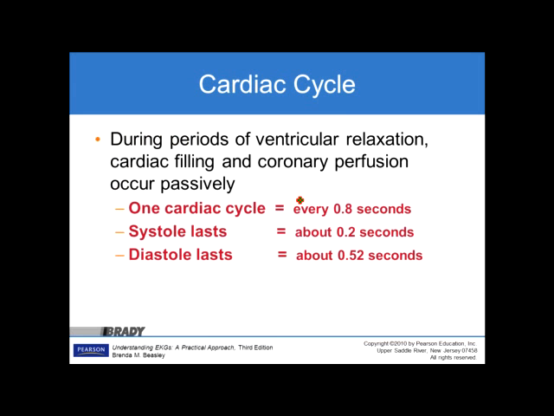One cardiac cycle happens about every 0.8 seconds. Systole lasts about 0.2 seconds. Diastole lasts about 0.52 seconds. So diastole lasts at least twice the amount of time that systole does, and that allows for passive filling to occur. And like I said, we get about 70% of our cardiac output from the passive filling of the ventricles.